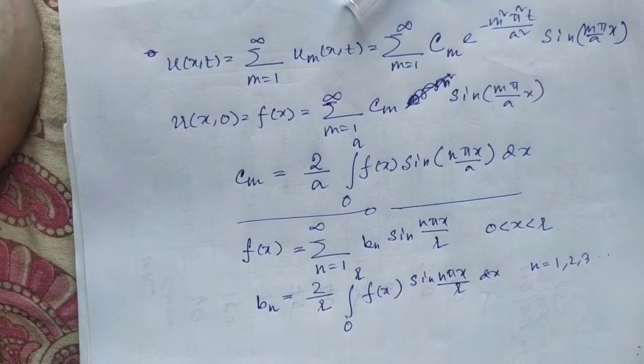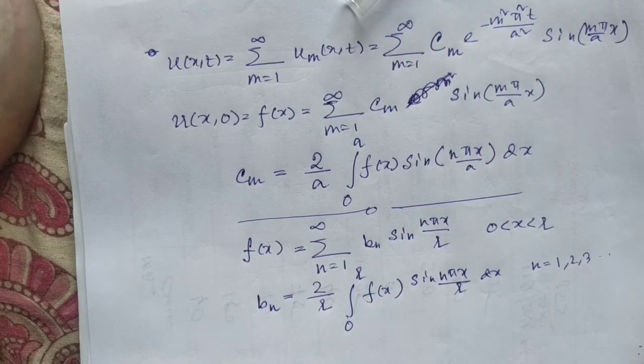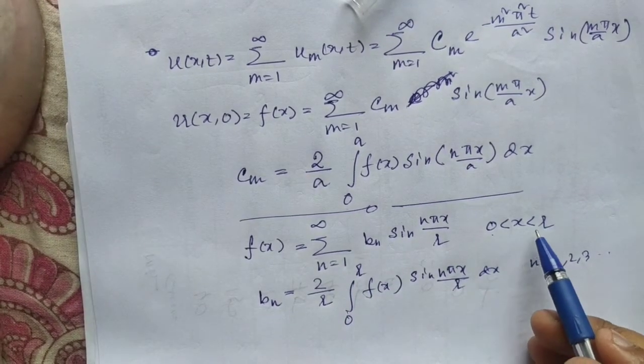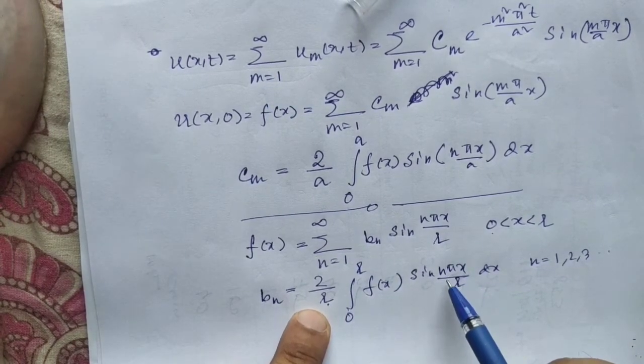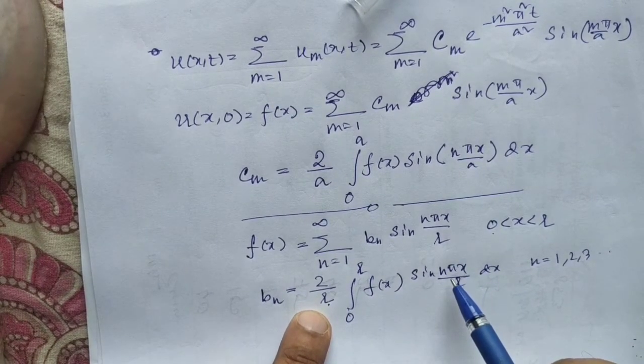Now suppose you are taking your L to be equal to pi, that is you are taking between 0 to pi, then this will be replaced by pi, and this is pi, means this is equal to nx, right?